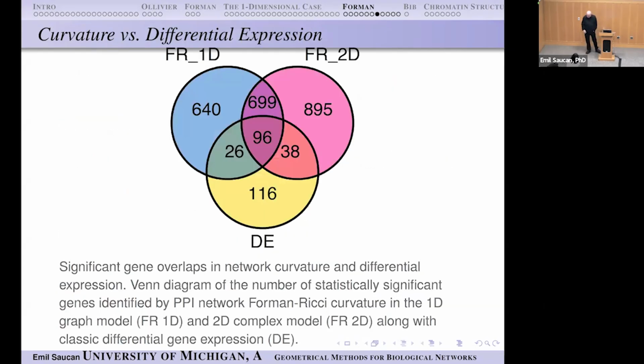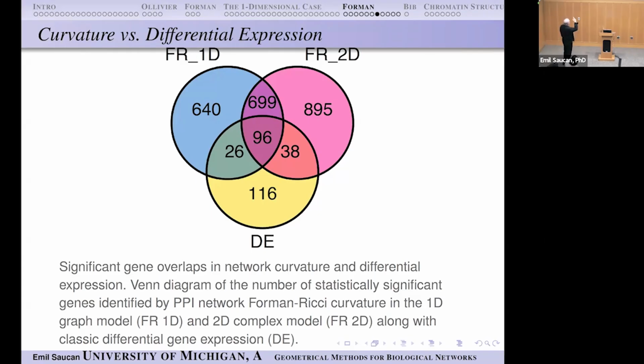But the best proof, in my opinion, is this result, where you look at genes which are relevant. So we have how many significant genes we can discover. The blue circle is the Forman Ricci one-dimensional for graphs. The second one, the purple one, is the genes we discovered with two-dimensional, the higher order Forman Ricci curvature.